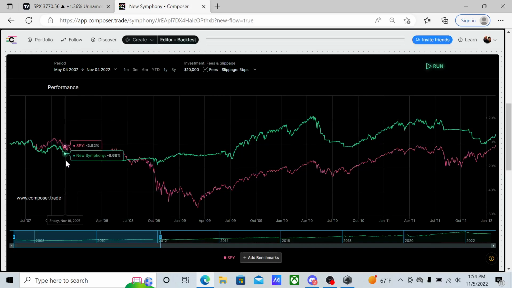So as it starts to chop above and below the 200-day, your strategy will start to do worse than buy and hold. It just is what it is. If the price is closing above the 200-day and then back below and then back above, your strategy is going to start to experience sort of volatility decay, but not really.